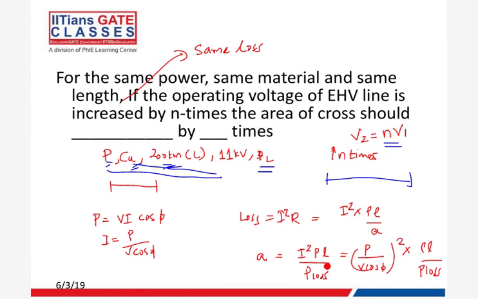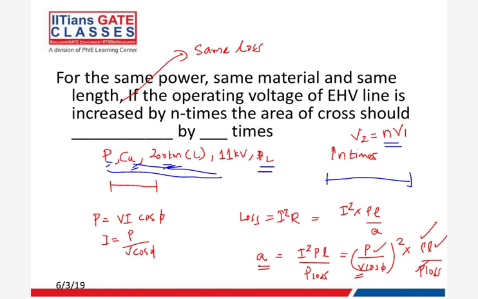Now what we're trying to do is create a correlation between area and voltage, considering all the other parameters are the same. In this question, this is constant because same material, this is constant, this is also constant, and this is also constant. No, the last one is not constant.